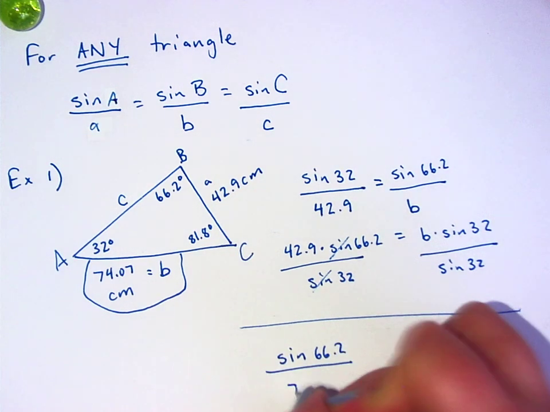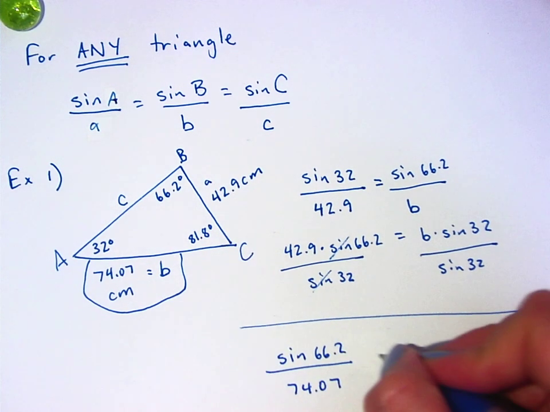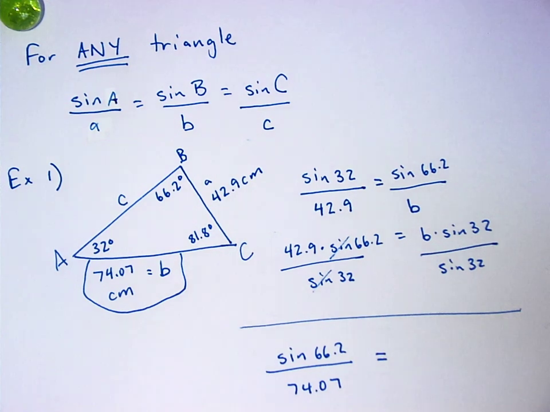66.2 over 74.07, which is what we just found out, equals, what should I write over here?